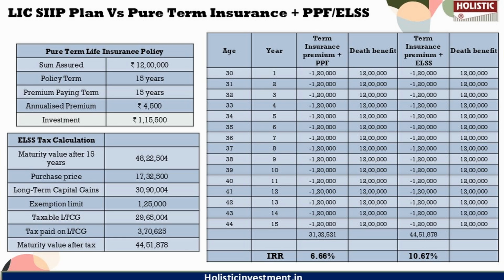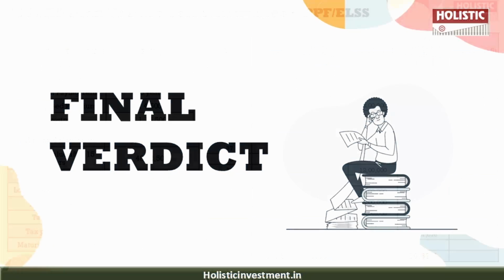The IRR for the pure term policy plus ELSS combination is 10.67%, which is a post-tax return. So it's definitely an inflation beating return. The investment return is higher than the inflation rate. So accumulation of funds through these investments helps you in achieving your financial goals, which is missing in the LIC SIIP plan.